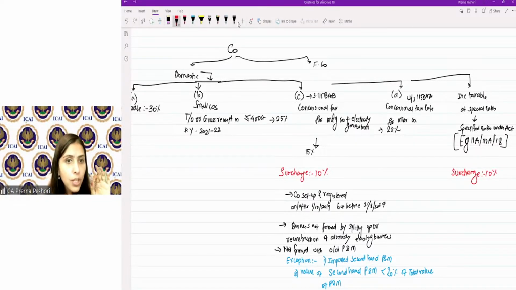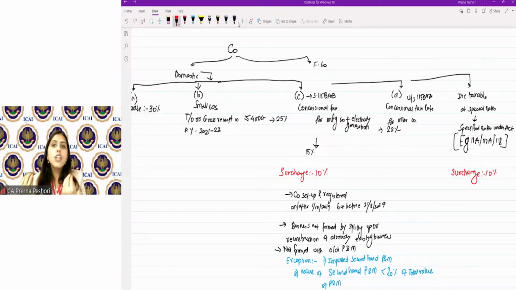Because the Finance Act, you know what it says? Finance Act is saying that in case of a company, where the income is under 111A, 112 or 112A, the surcharge will be 7% and 12%, which is provided in part 1 of the first schedule, except for the domestic company, which is going for 115BAA or 115BAB.